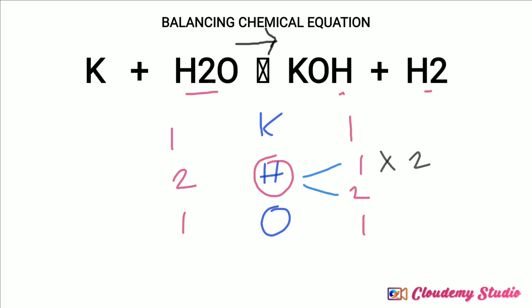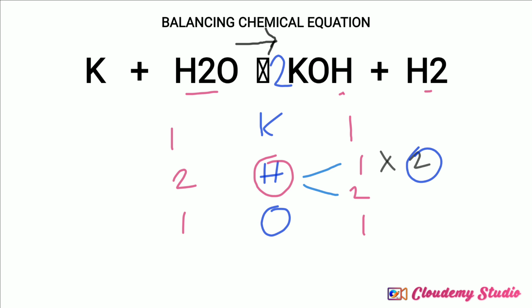Which hydrogen we need to mention, that is the odd number hydrogen. Where is this odd number hydrogen? It is present in KOH, potassium hydroxide. There only we need to write this 2 as the coefficient of this potassium hydroxide.